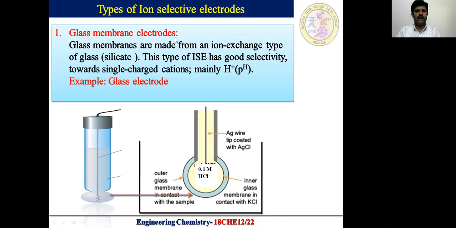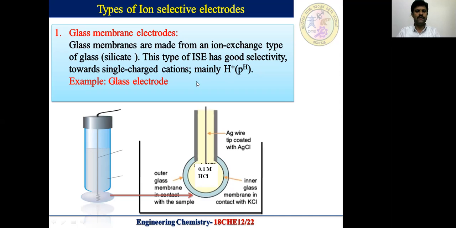Glass membrane electrode is one of the type of ion selective electrode. And these glass membranes are made from an ion exchange type of glass. And this type of ion selective electrode has very good selectivity towards single charged cations, mainly H plus ions.